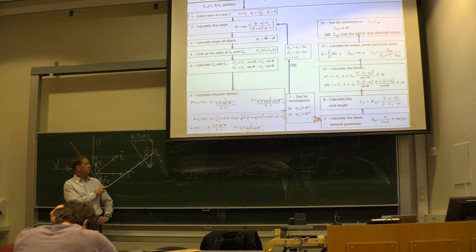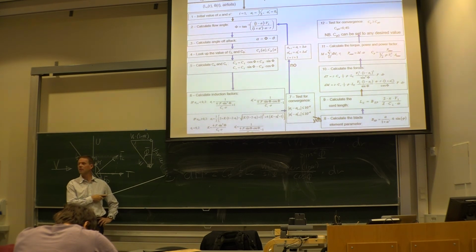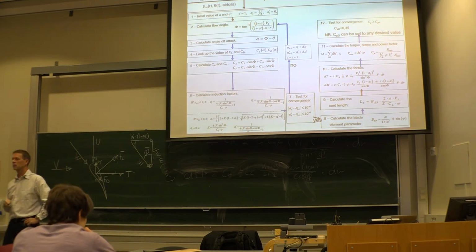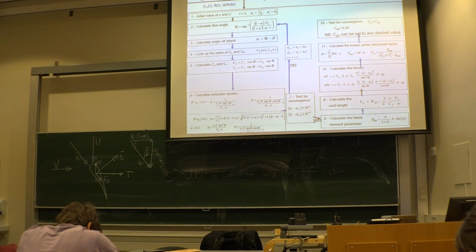You have the rotation velocity, because you know the radius of your element, you know the rotation velocity, and you have guessed that one. My question is for theta. It's phi minus theta, or alpha. Alpha is phi minus theta, yes.